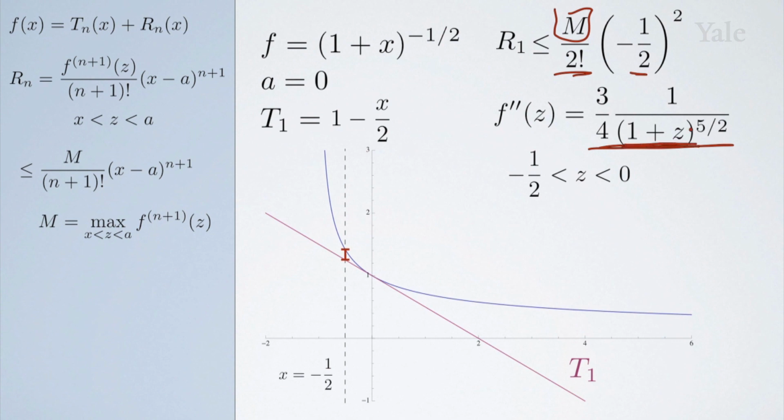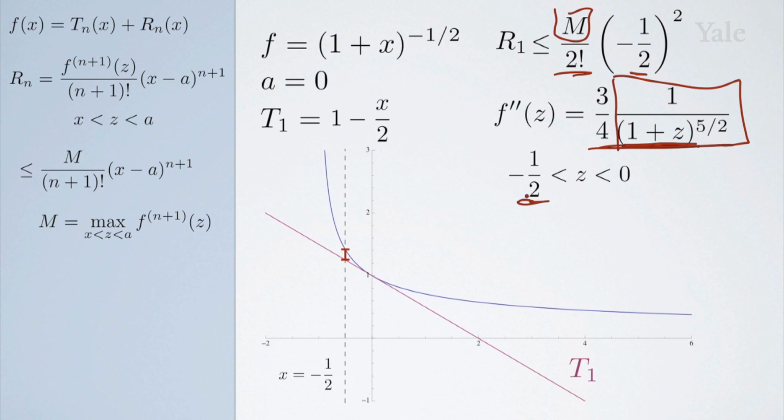We know that it's decreasing because as z increases, the denominator increases. And as the denominator increases, the overall fraction here decreases. So with a decreasing function, the maximum will occur at the left endpoint, on the left side of the interval, which is at z equals to negative 1/2.